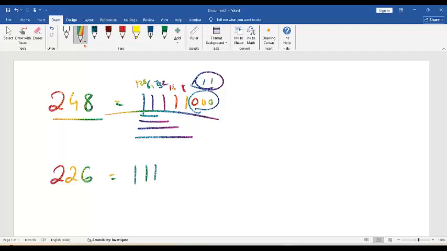What about others? 11100010. Correct. Very correct. 224 plus 2 is 226.